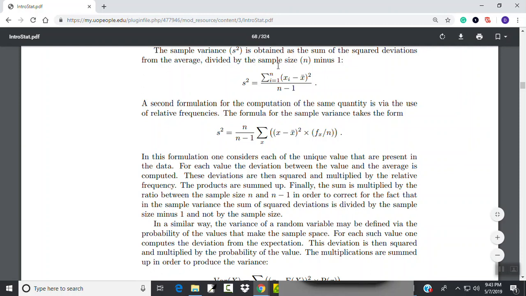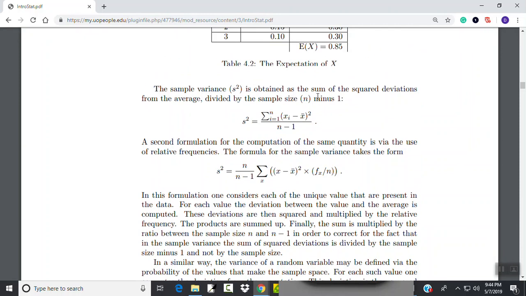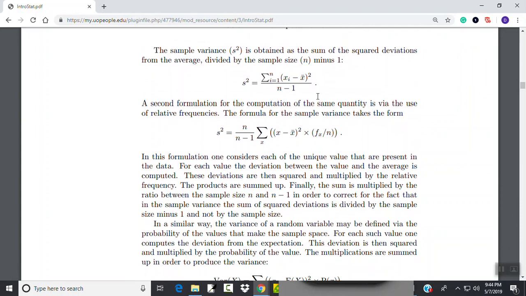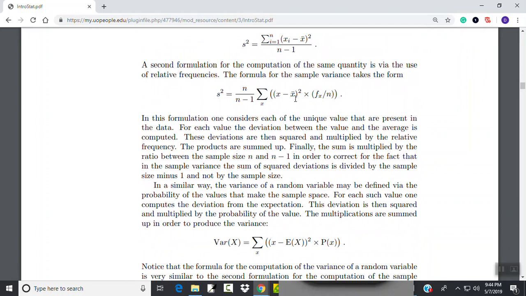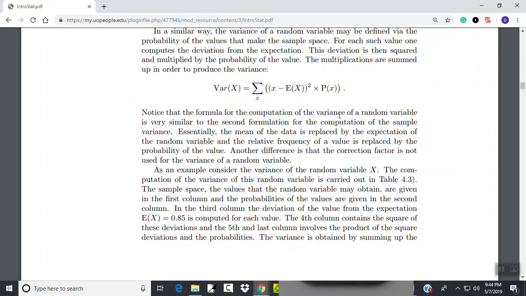Obtain sum of the square from the average divided by the sample. That's not your sample variance for that. Oh, here it is. Here's the formula I'm looking for. They're showing how it builds up and how it modifies.